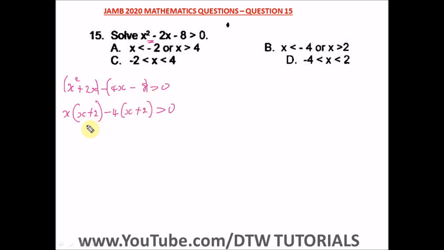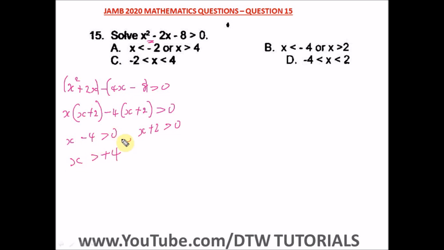So now we have to equate what we have to 0. So we have x minus 4, we equate it greater than 0, comma x plus 2, we equate it also to 0. So if you agree with me, this becomes x greater than plus 4.